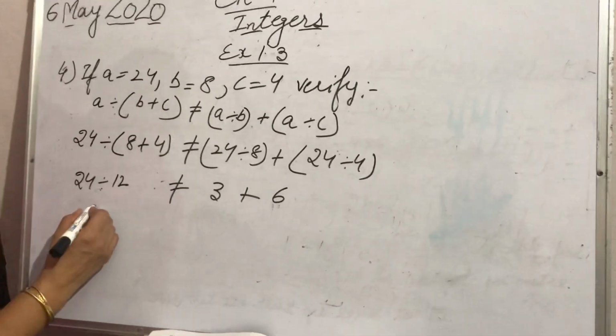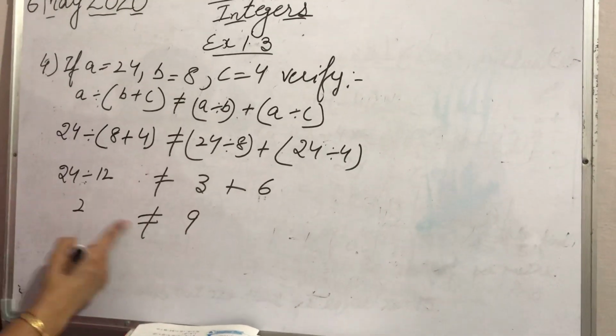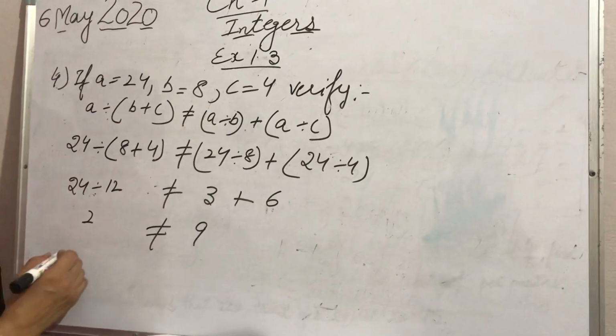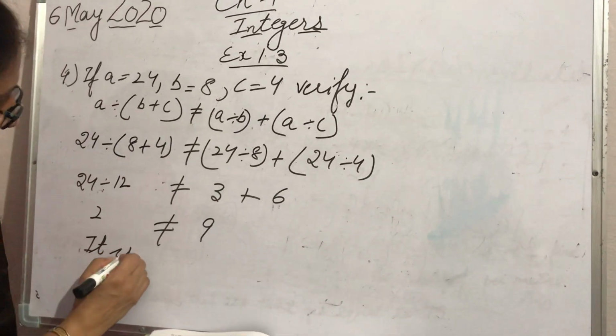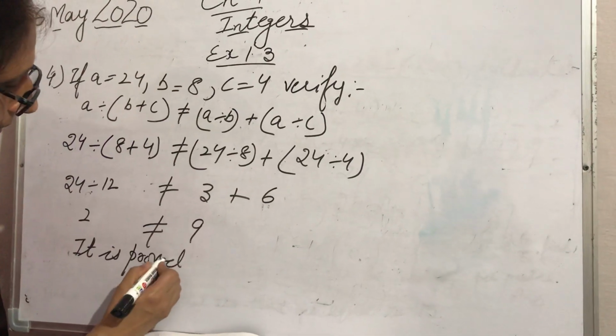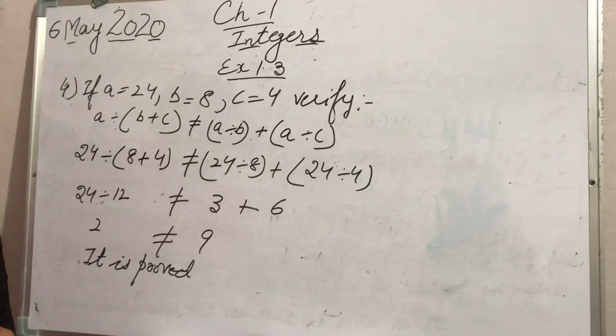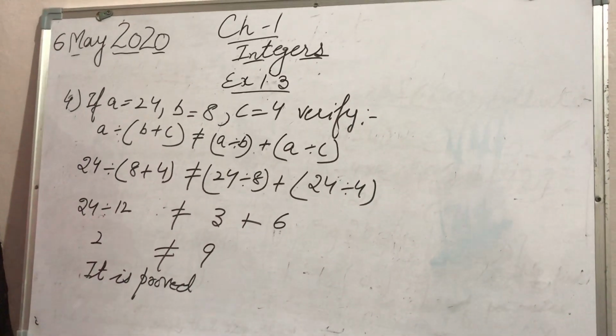Now 12 twos are 24, not equal to 9. So they are not equal to each other. So it is proved. This is what we have to verify. This is distributive property under division. Then question number 5.